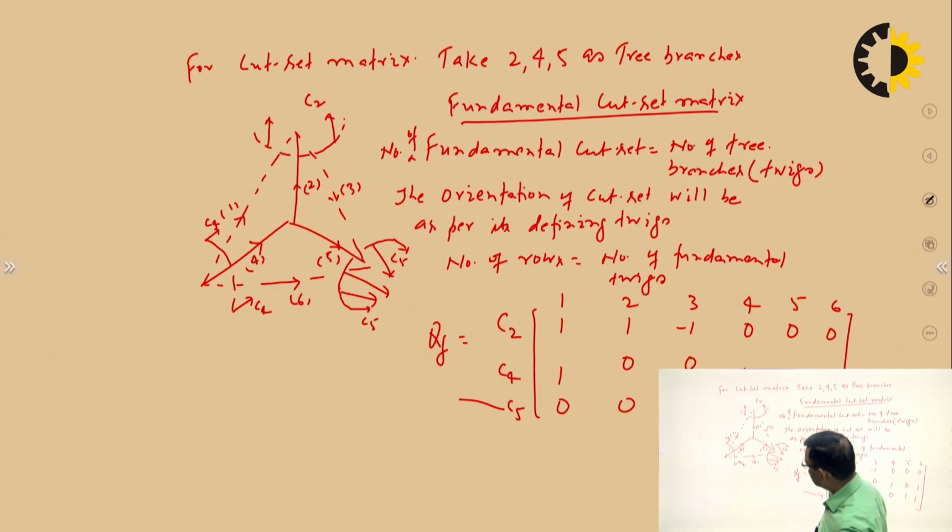So there may be 6 cut sets, but fundamental cut sets will be equal to the number of its defining twigs. So there are 3 twigs, so there will be 3 cut sets, so 3 rows. So the dimension of this matrix will be 3 by 6.